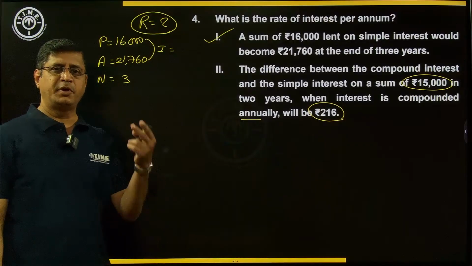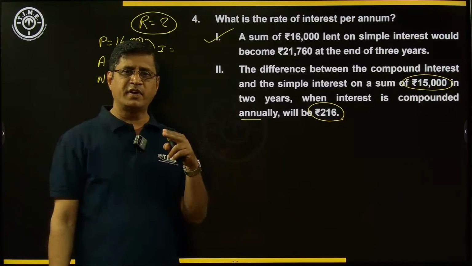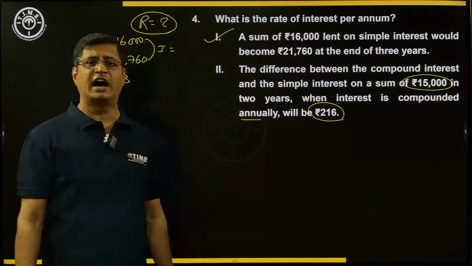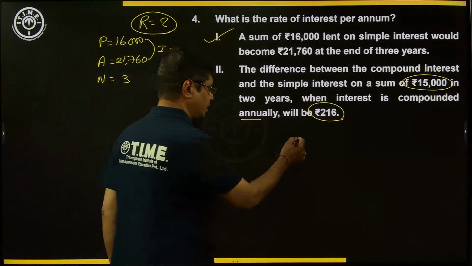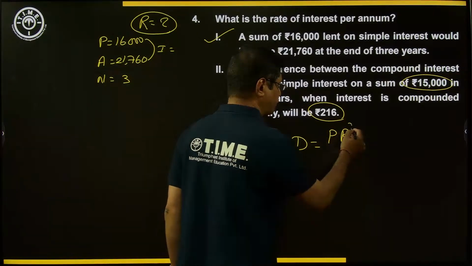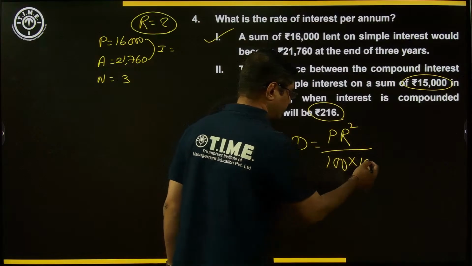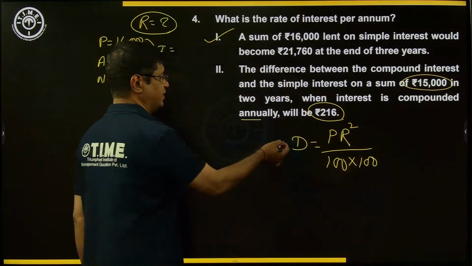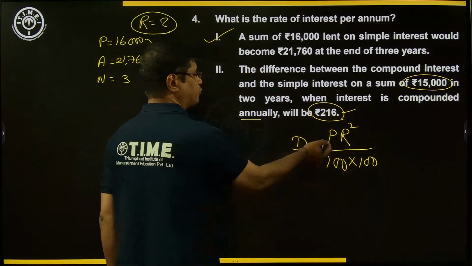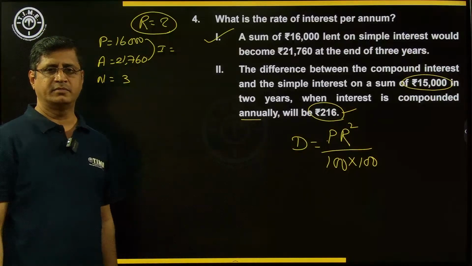Dear students, period of time is 2 years. Sum is given. Difference in the compound interest and simple interest is given. R to be found. Rate of interest. Here the simple formula to find the difference between the simple interest and the compound interest for a period of 2 years is P R square by 100 into 100. Difference is given, 216. Principal value 15,000 by 100 into 100.